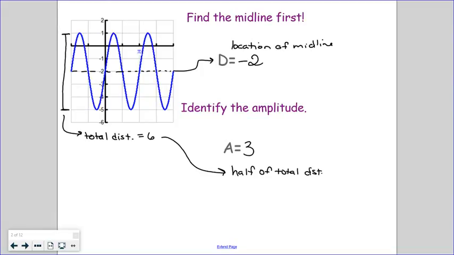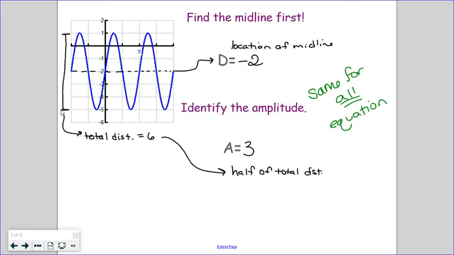And once I have figured out A and D, just like I put on the first page, those are the same for all equations that we will write about that picture. Whether I write this as a sine or a cosine, it does not matter. Those do not change. The other thing that will not change is the period.